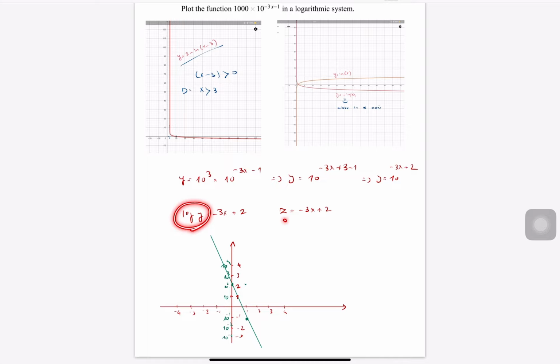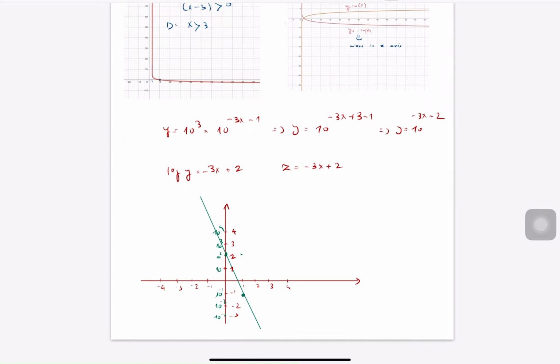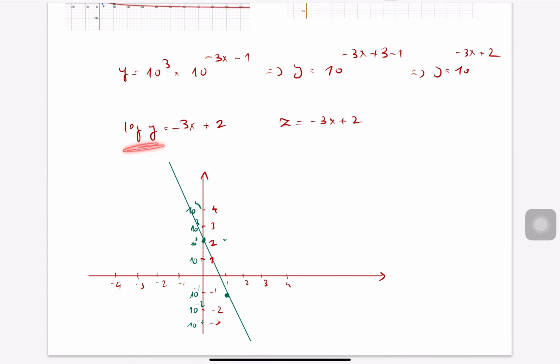Instead of logarithm y, I put z, and it will be this equation. Then in the y-axis, I have to use logarithm. In this situation, z will be these numbers, x is this number, y is these numbers. Then after making the y-axis logarithmic, find the plus 2 in the y-axis, or 100, or 10 power 2.